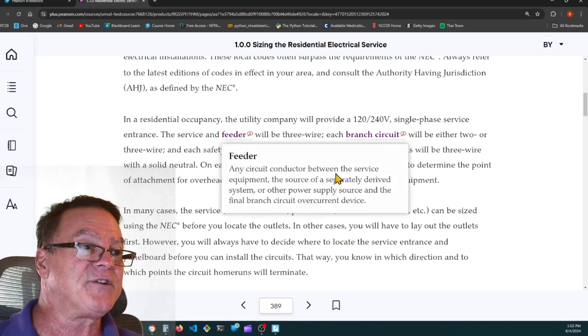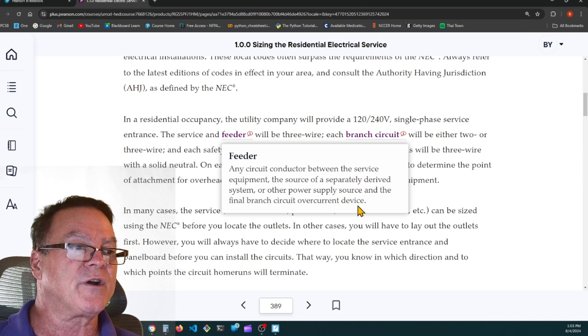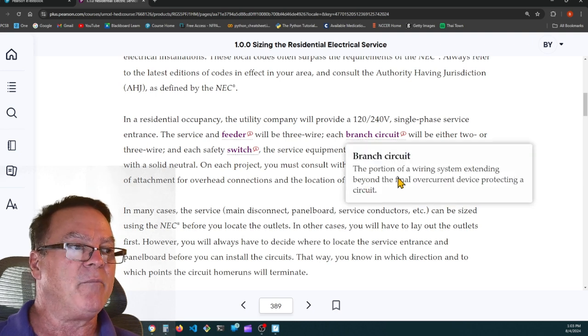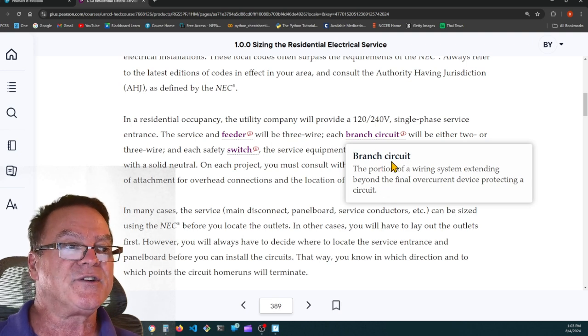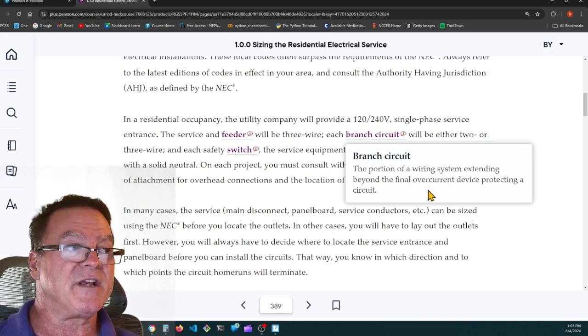So the feeder is any circuit conductors between the service equipment, the source of a separately derived system, or other power supply source, and the final branch circuit overcurrent device. When you're talking about going to the utilization equipment, it's called a branch circuit, a portion of a wiring system extending beyond the final overcurrent device protecting a circuit. So feeders go between overcurrent protection devices, and branch circuits are from the final overcurrent protection device to the utilization equipment.